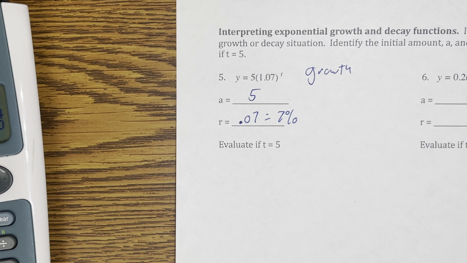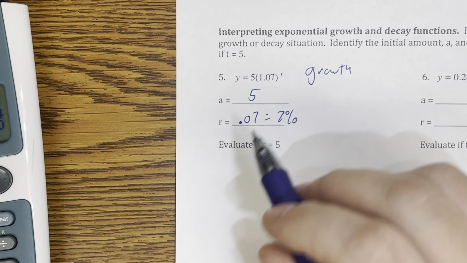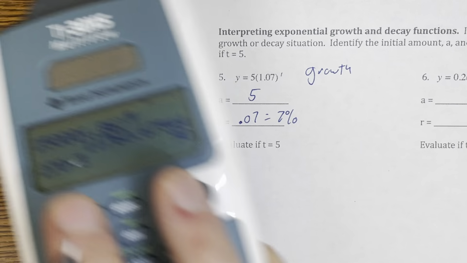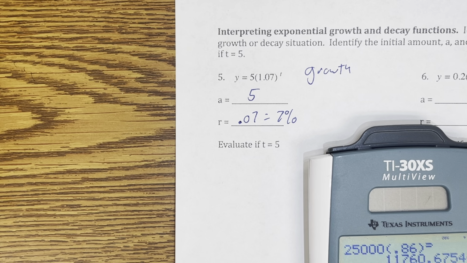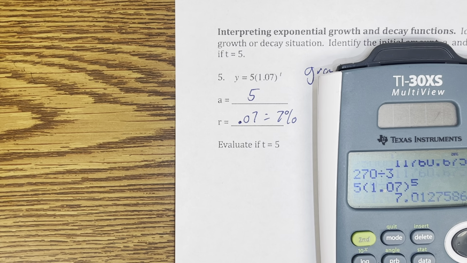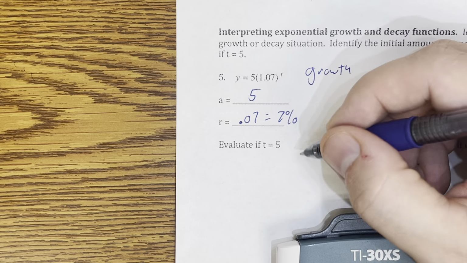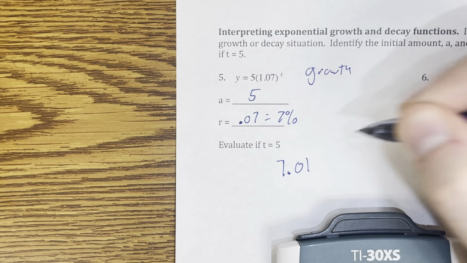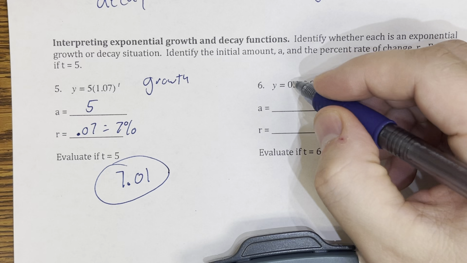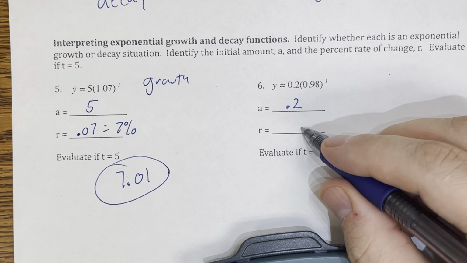Okay, so I'm writing it both, 0.07, 7%. How far away from 1 were we? Evaluate if t equals 5, so we'll use our calculator for that. 5 parentheses, 1.07, close it, raise to the 5th, 7.01. Got it.